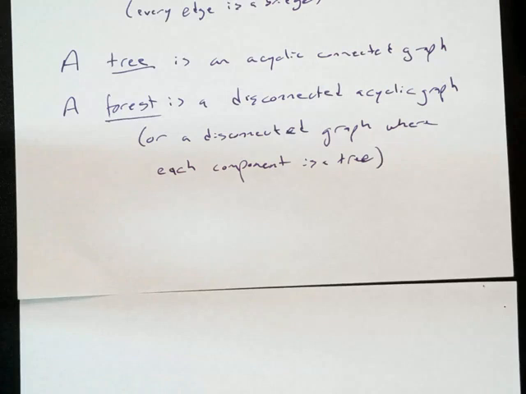Let's think about trees of a particular order. How many trees could I make of order 6? Wait, let me use the right word, Mia. How many non-isomorphic trees can I make?